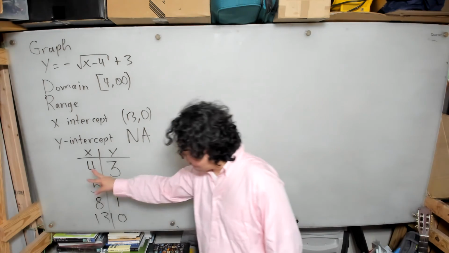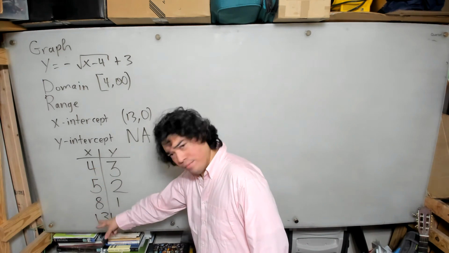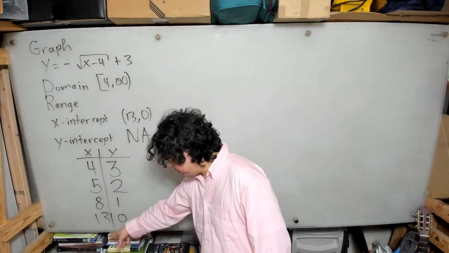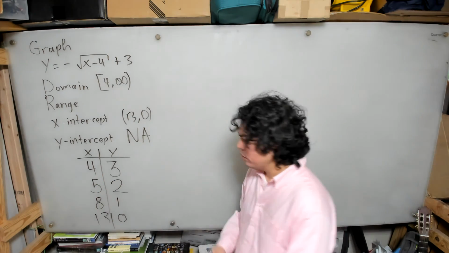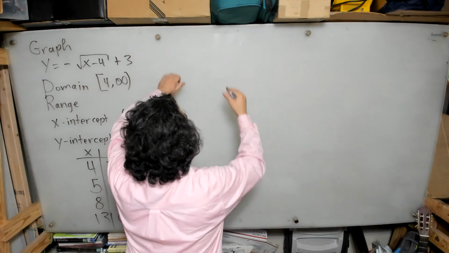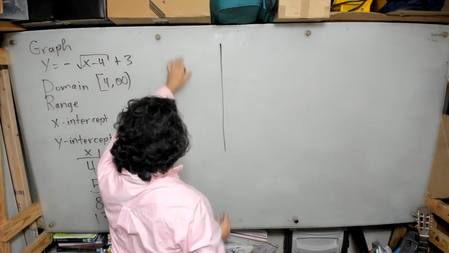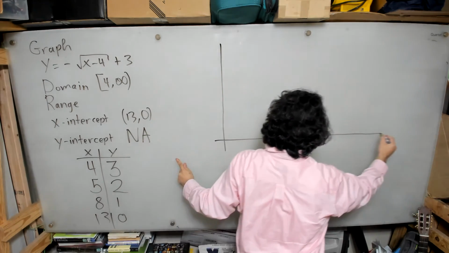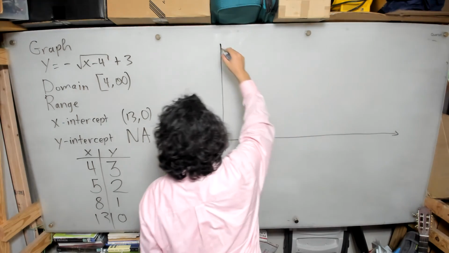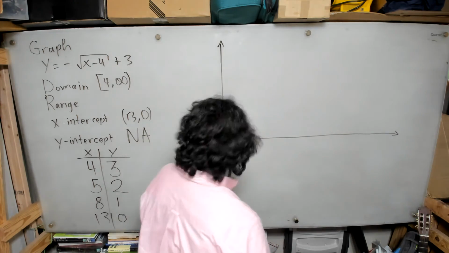We can see that we only have positive x values from 4 onwards, and we only have positive y's. So we can draw our y-axis like this, and then our x-axis like this. In other words, the first quadrant, and that's basically all we need.